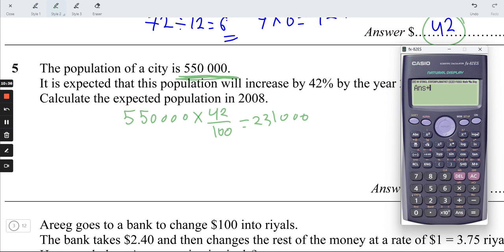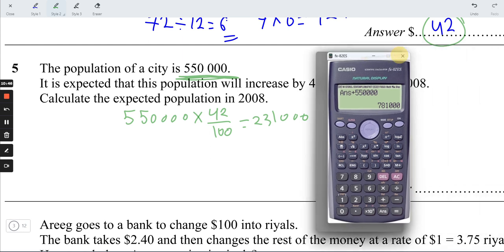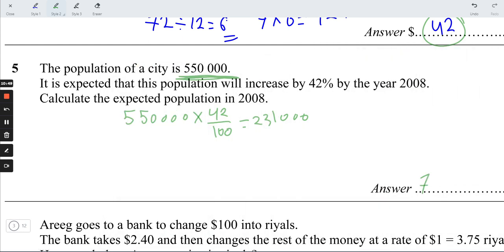So 231,000 plus 550,000 equal 781,000. So here we will write 781,000. So for sure plus 550,000, you will get this number here.